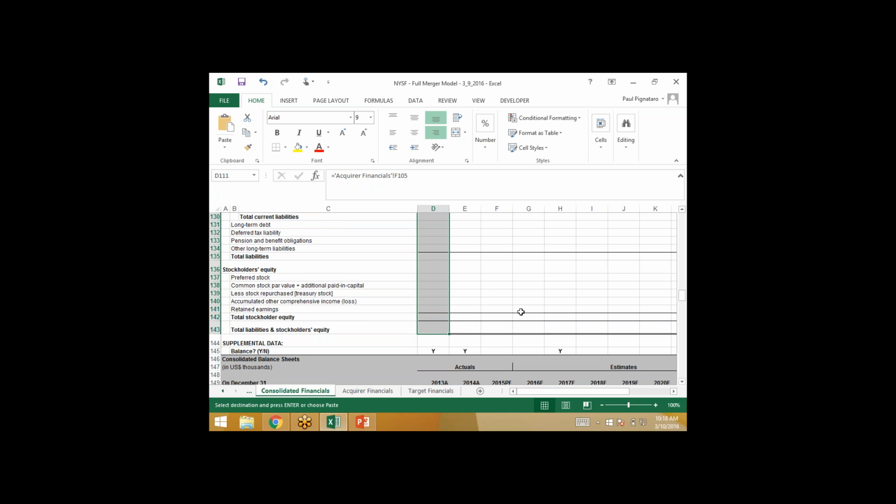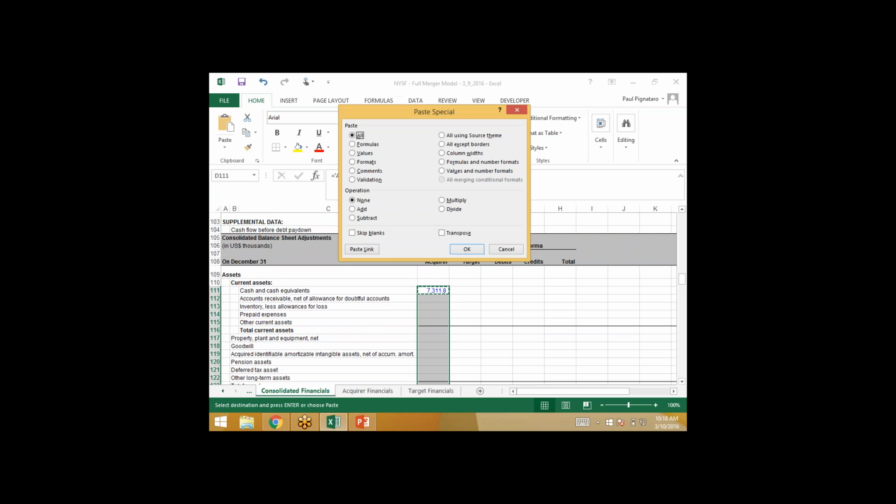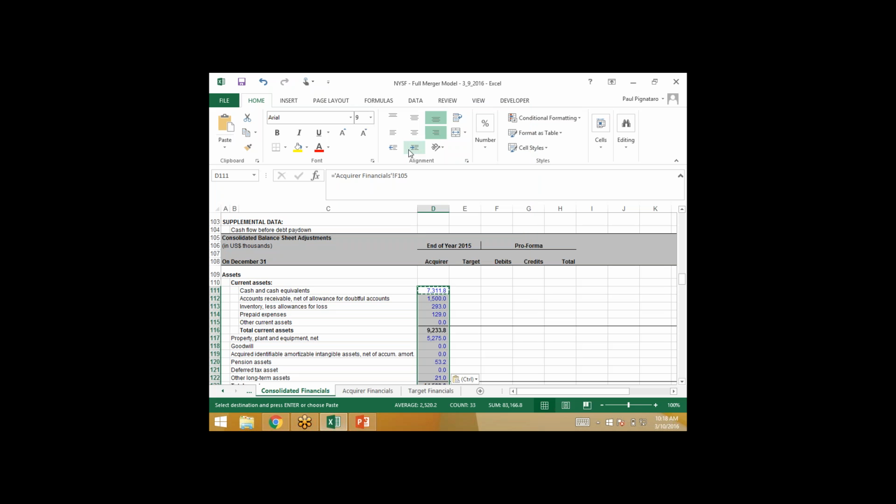I could use paste special, just the formulas, which won't overwrite the formats, or Alt-E-S, paste special, and I just want to paste the formulas, Alt-E-S, F, enter. Boom. So that's a way to copy down without overwriting the formats.